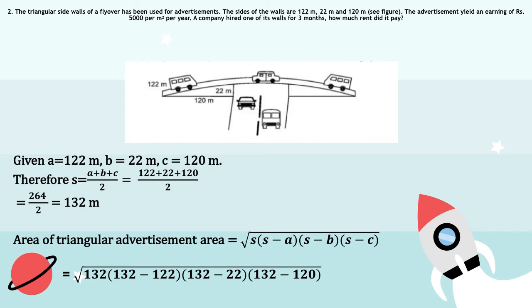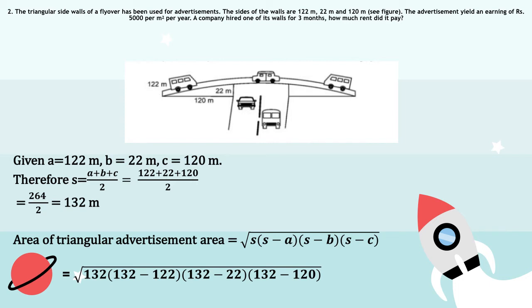What is Heron's formula? Under root of s into (s minus a) into (s minus b) into (s minus c). Now I have the values of a, b, c and s. I will substitute these values in Heron's formula, and what do I get? Under root of 132 multiplied by (132 minus 122) multiplied by (132 minus 22) multiplied by (132 minus 120).